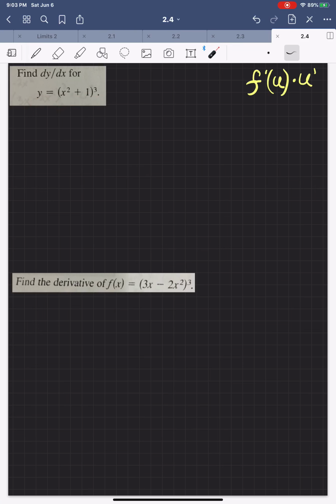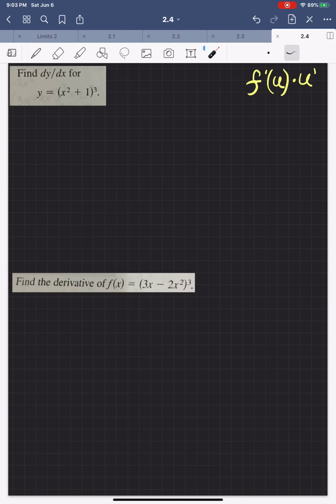So you could FOIL all this out. It would be x squared plus 1 times x squared plus 1 times x squared plus 1. It would be a lot of work. You could do it. Now, if this were x squared plus 1 to the power of 30, I guess you could still do it. But let's just learn a new technique, okay?